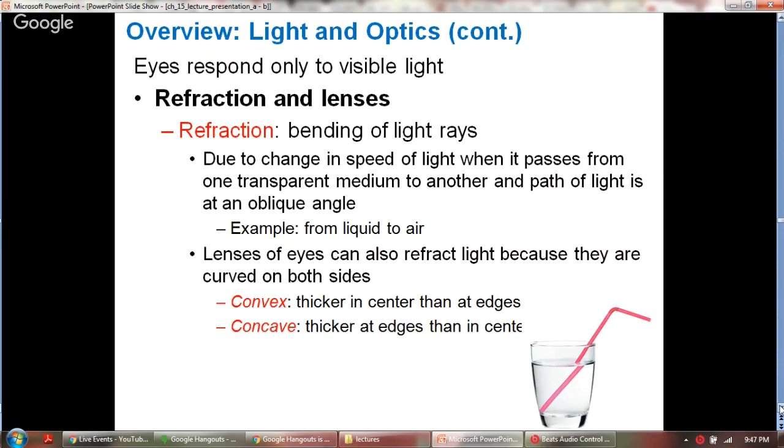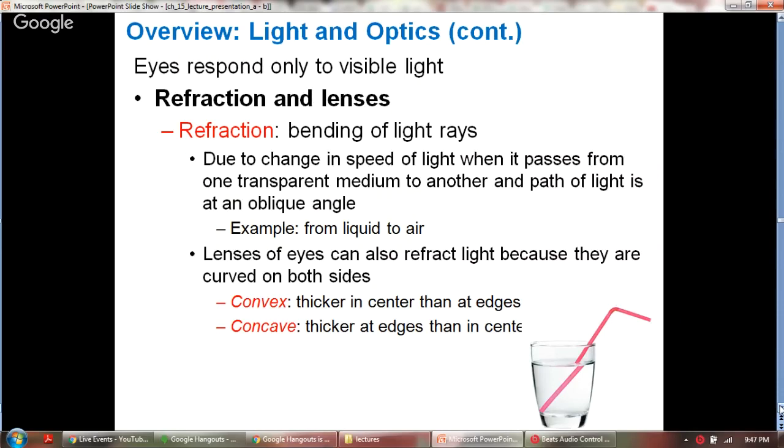With regard to light and visibility, we can have several conditions as well as some physics of it. Refraction is a phenomenon that you would see, where refraction means the bending of light rays.